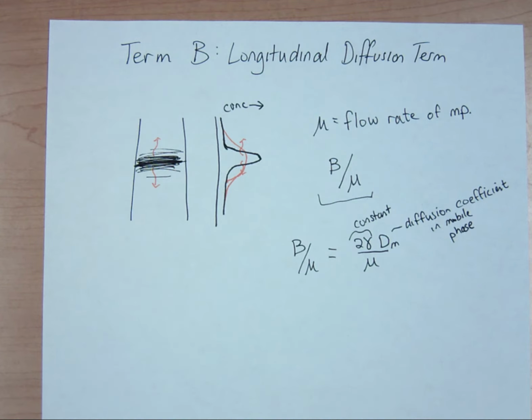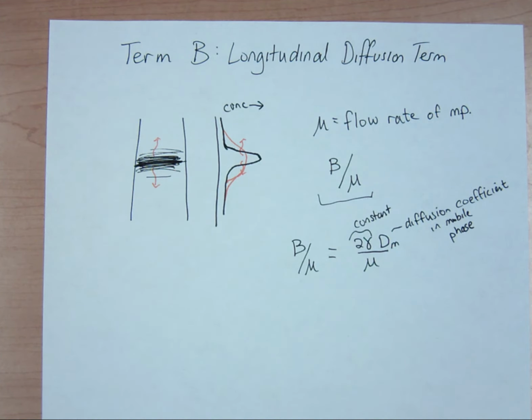If we think about diffusion in gases versus liquids, in gases the molecules are more free to move around. They are more energetic in their movements, and so that diffusion rate is much higher in gases than in liquid.